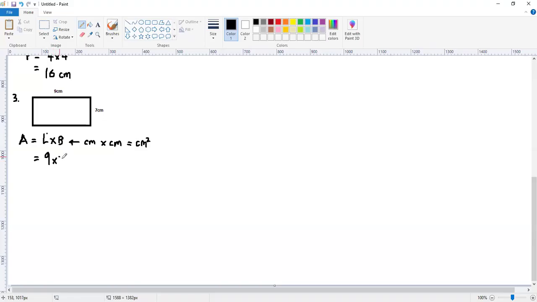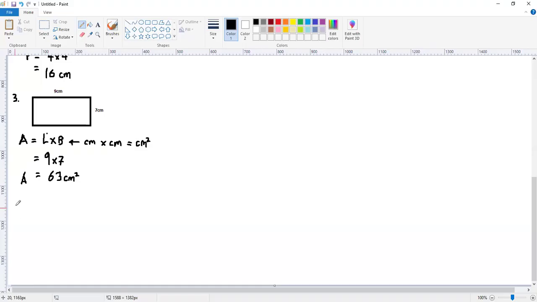And 9 times 7 is what? 63. Thank you. So that's going to be 63 cm what? Squared. All right. So that's it. That's the area for that rectangle.